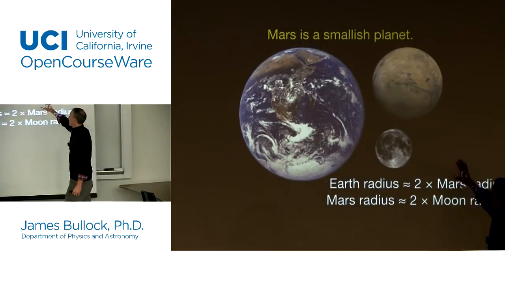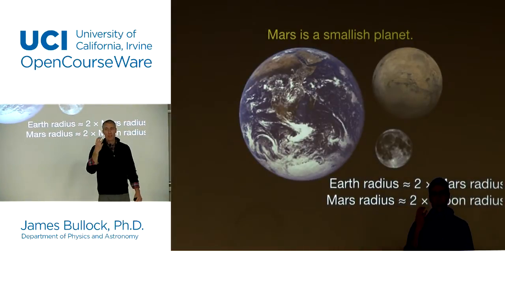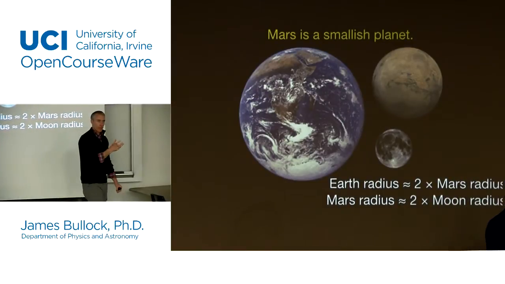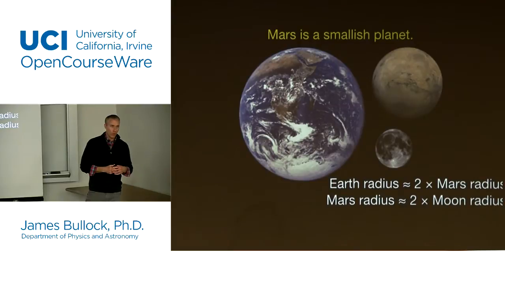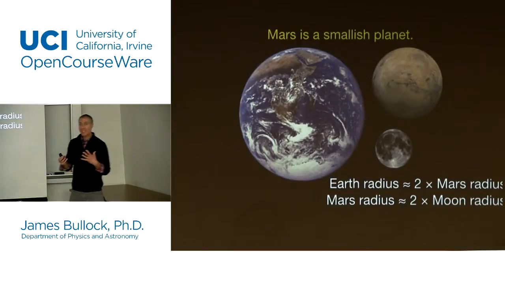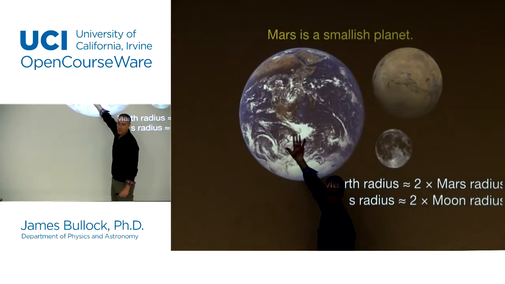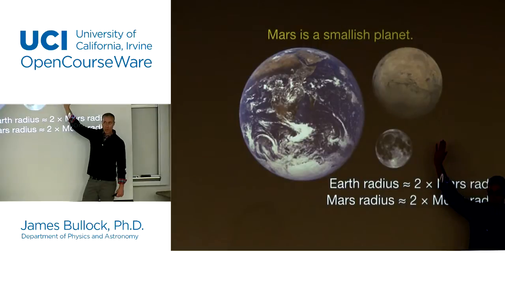So the core of Mars, we think, has cooled off faster than the inner part of the Earth. That's one reason why the Earth still has a molten core today and therefore has a magnetic field, whereas Mars, we think, doesn't have much of a molten core or a very strong magnetic field.